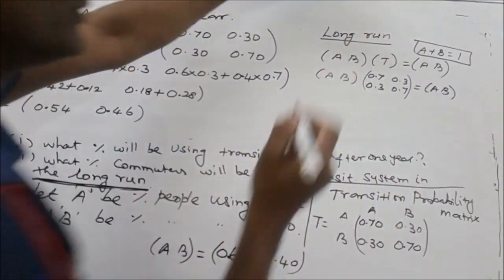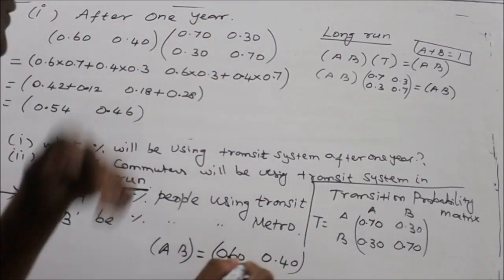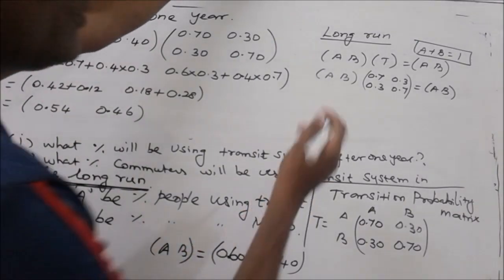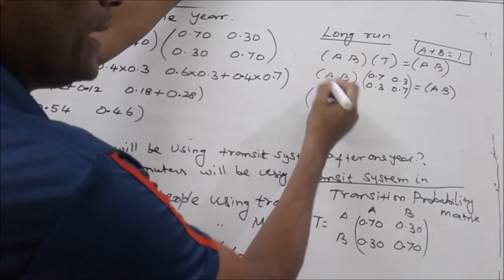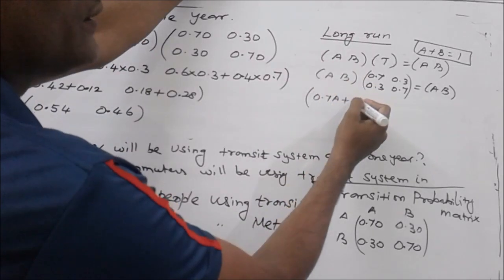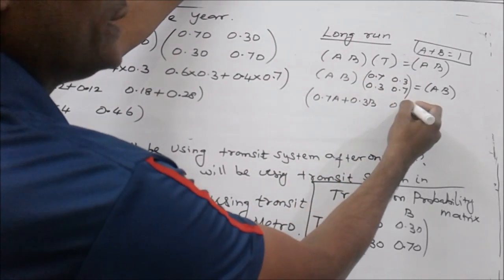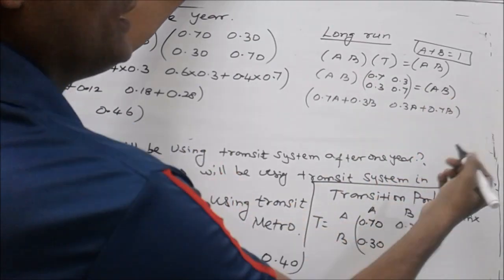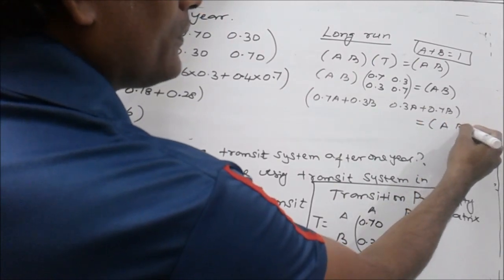By use of this, we should calculate the value of A. That will be the percentage of commuters in the long run. Now multiplying this we have 0.7a plus 0.3b and 0.3a plus 0.7b will be equal to AB.